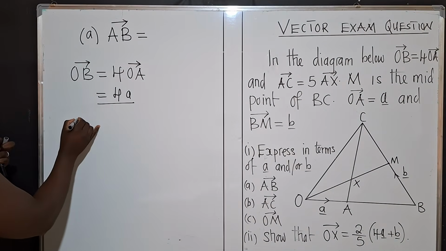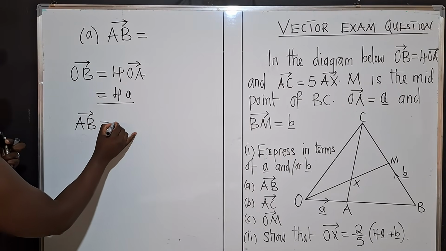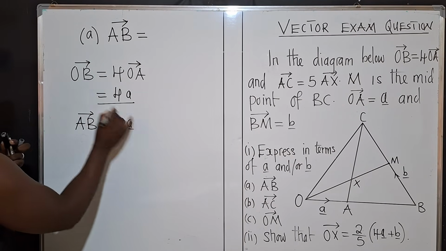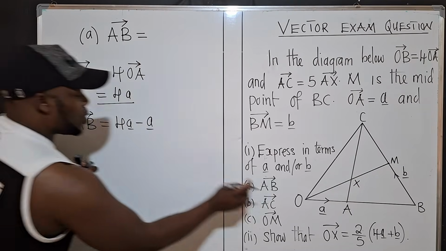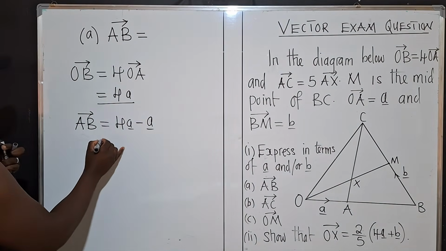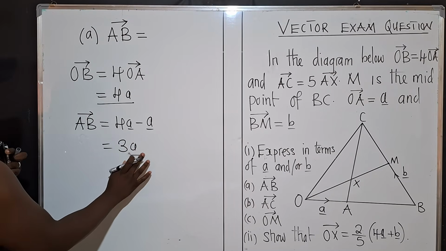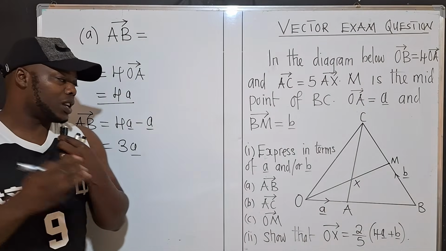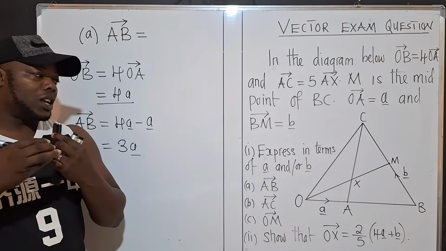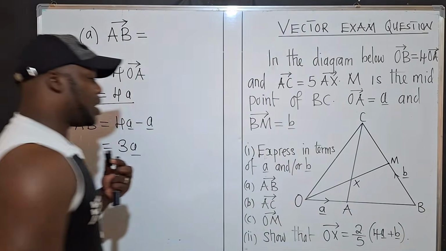So vector AB will be equal to 4a minus the a that we have, and when we subtract we get 3a. So from here to there, it's 3a.